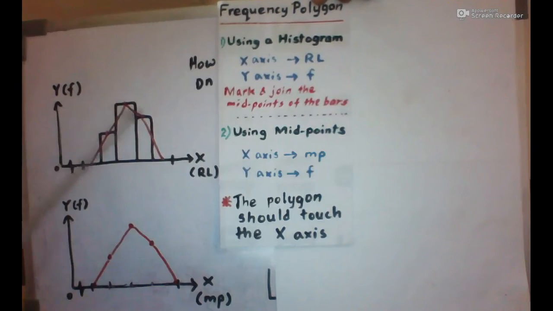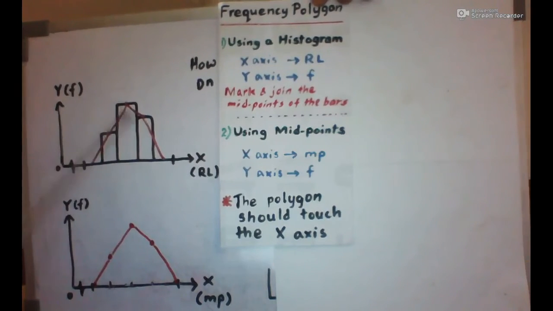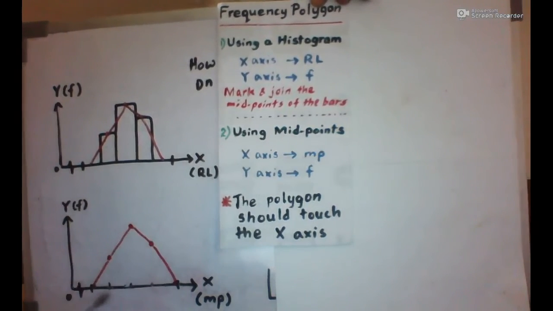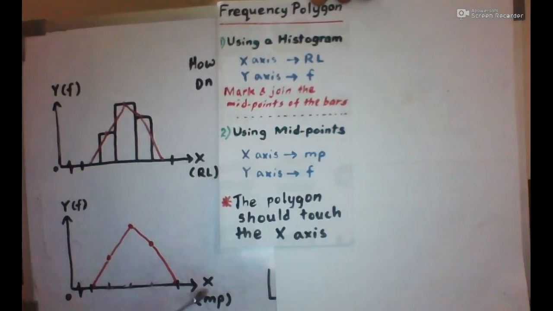First we drew the histogram and then we marked the midpoints and joined them. Second one is using the midpoints themselves. We got the midpoints on the x-axis and frequencies on the y, and then we drew the line graph.